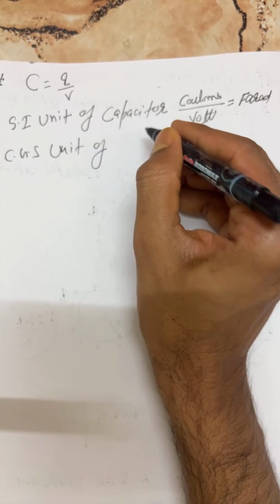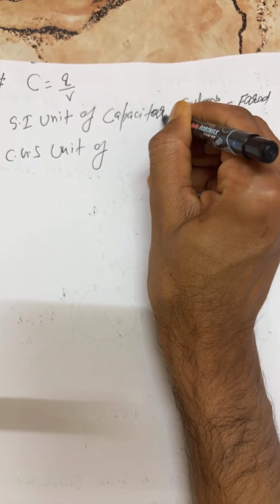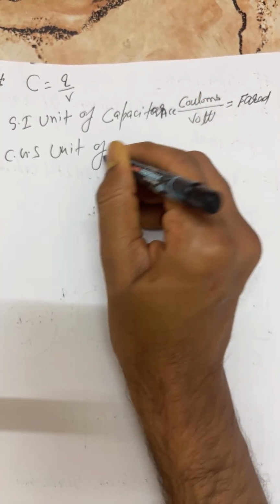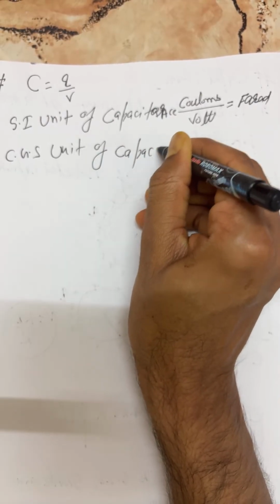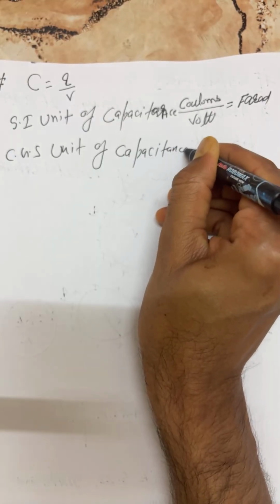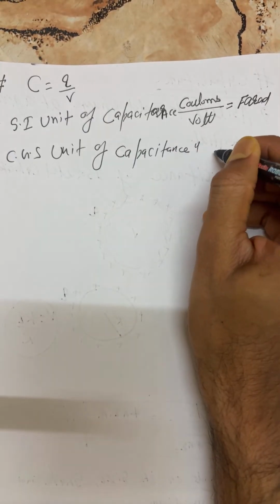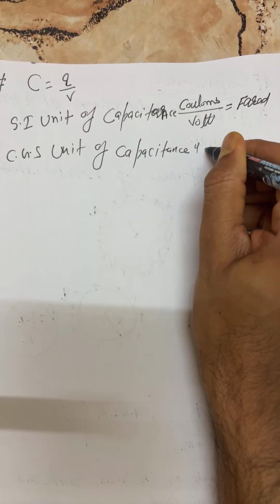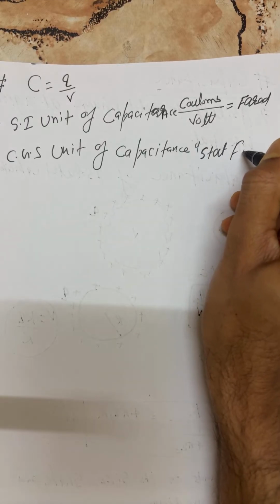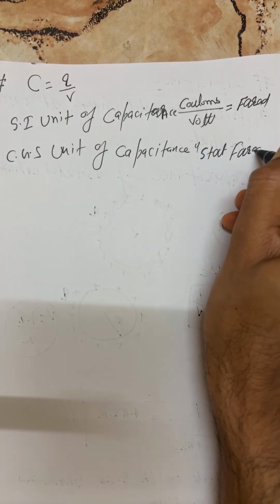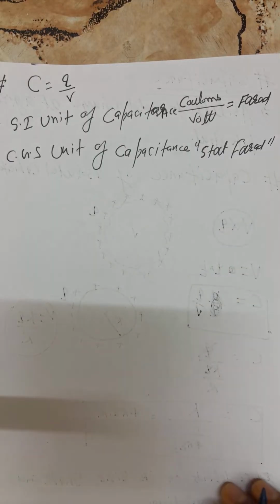The CGS unit of capacitance is the statfarad. Statfarad, yeah. Right, let's keep it in mind.